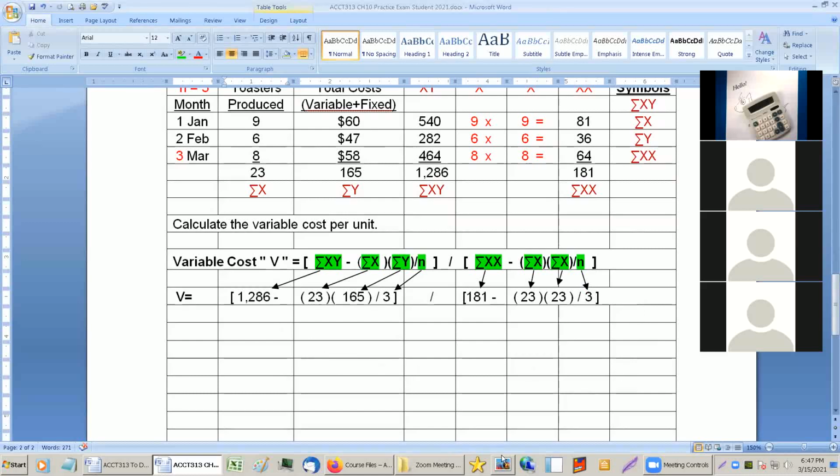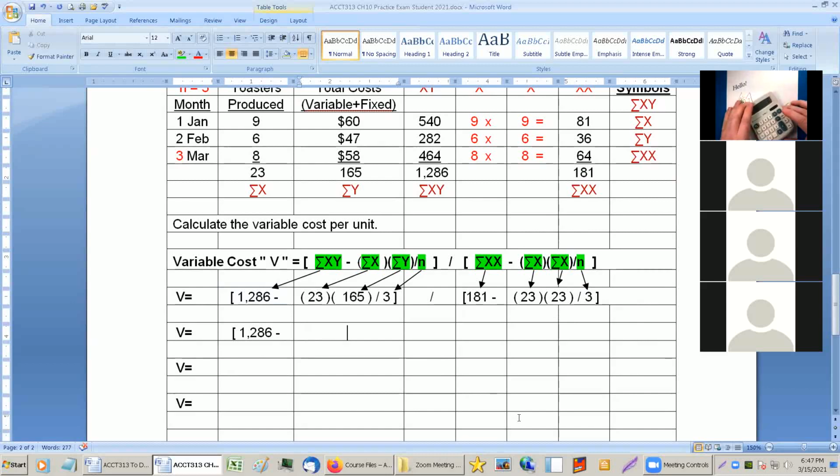So at this point, it's just chunking them out. Okay, so I'm going to keep that, but I'm going to do that one.